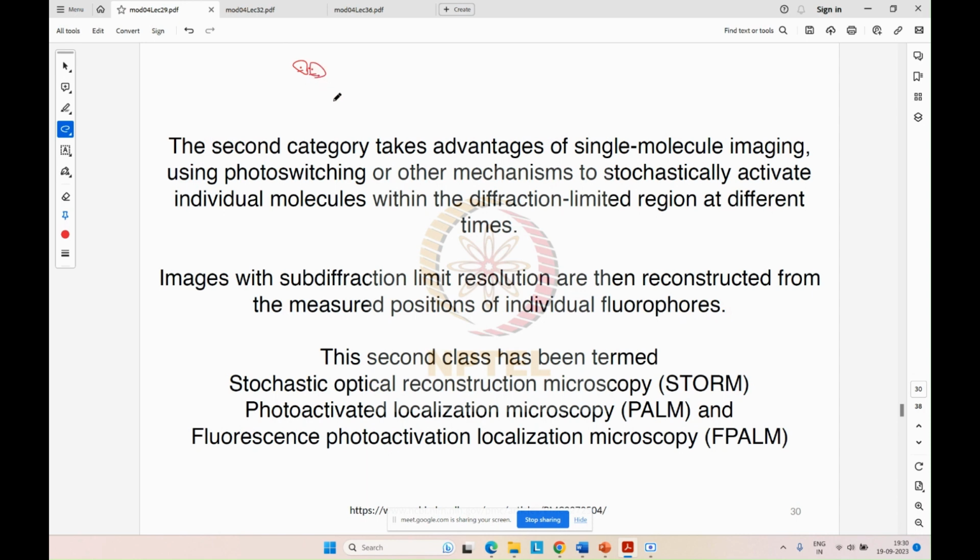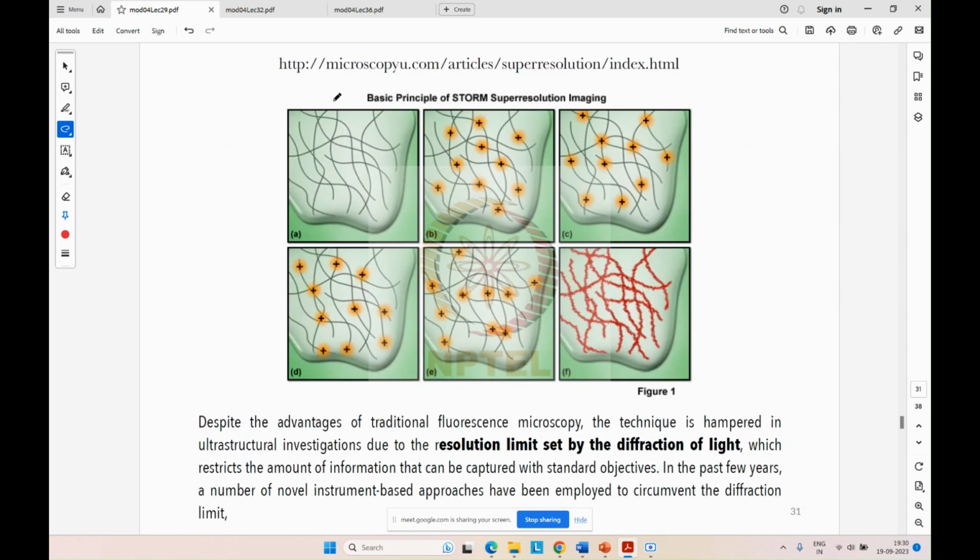Then you can computationally club all of the images that you have obtained and get an image of the whole sample. This is basically what I said about the photo switching of the sample.